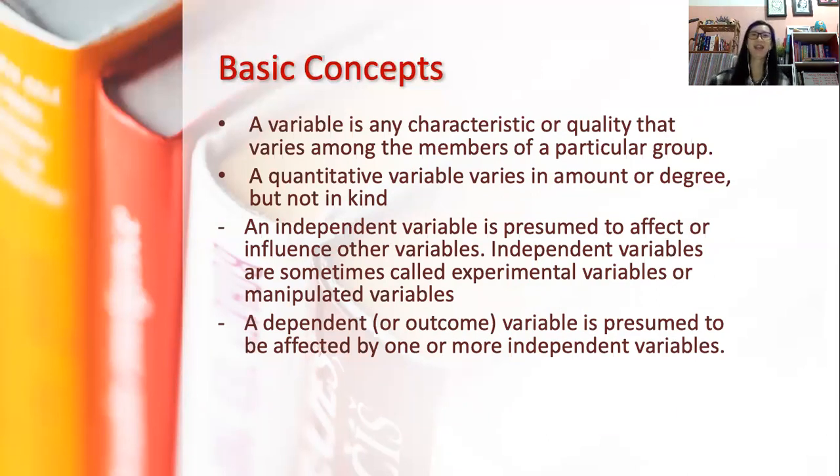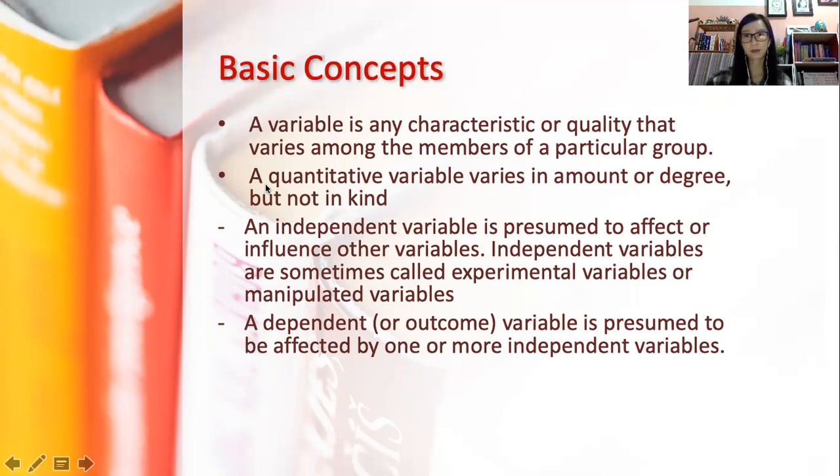A variable is any characteristic or quality that varies, from the word variable, varies. Varies means differs among the members of a particular group. So it is a characteristic which can be different from one person to another, from one thing to another.